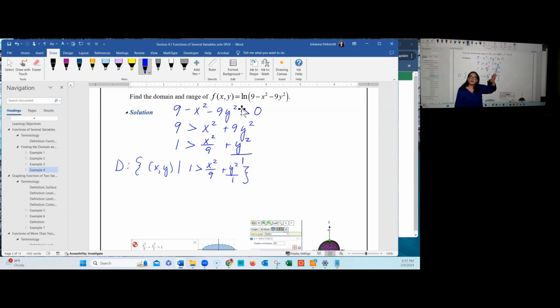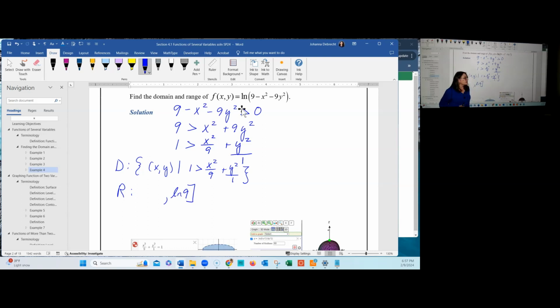So that would give me an upper end for my range. The largest value that the argument can be is 9. So in that case, my range is the natural log of 9 on the upper end. So I've got the upper end, and it can be that, so I use a square bracket.